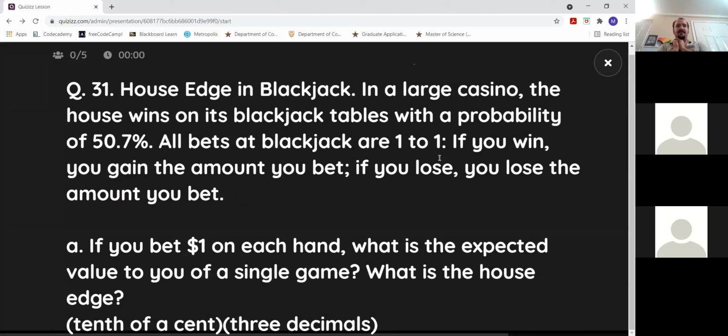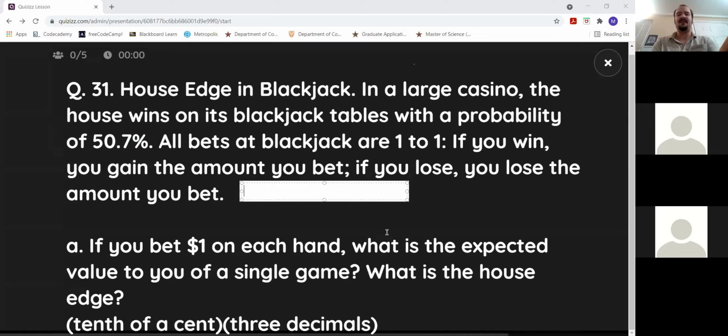All right, so now we're gonna do the blackjack example. In a large casino, the house wins in blackjack with a probability of 50.7%. So that is not a large gap of winning, right? It's like 0.7 over. If they're gonna win 50.7% of the time, I believe it's 49.3% of the time that they're gonna lose.